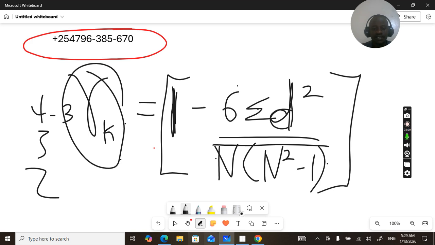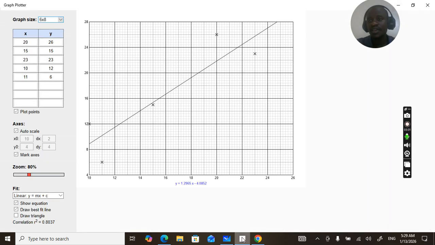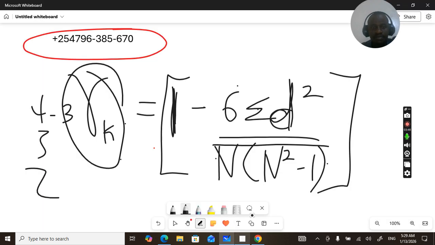There were 5 students in each school, one in the UK and one in the US. So our N becomes 5. N squared here will be 5 squared, which is 25, minus 1.